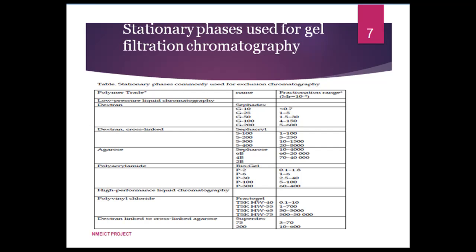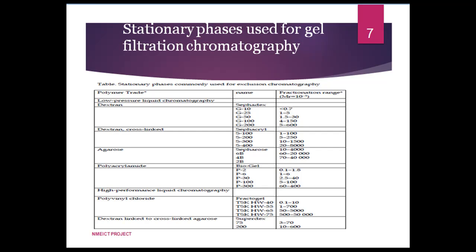Agarose is also available and is known as Sepharose. It is available as 6B, 4B, 2B, and it can be used for separation of different molecules depending upon the protein of interest.